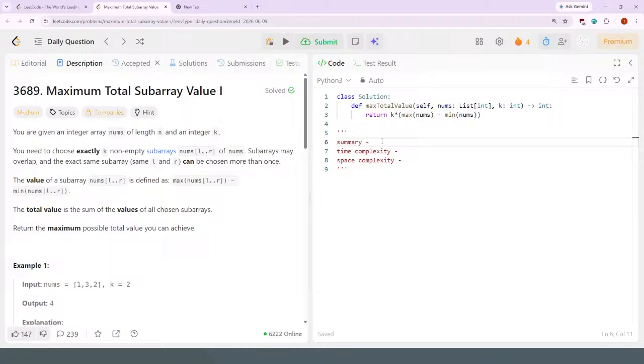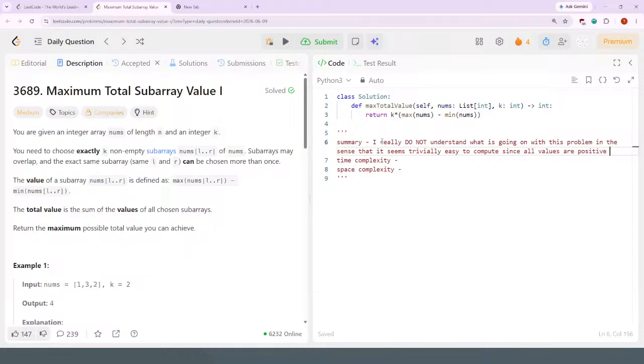I really do not understand what is going on with this problem, in the sense that it seems trivially easy to compute, since all values are positive, so therefore the difference between high and low, or max and min values, is always positive.